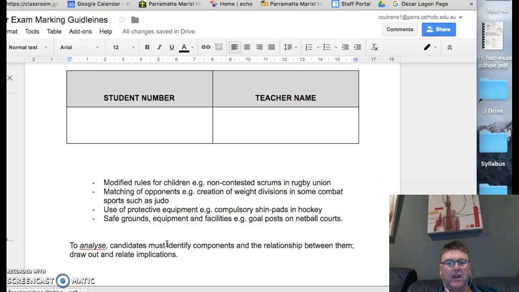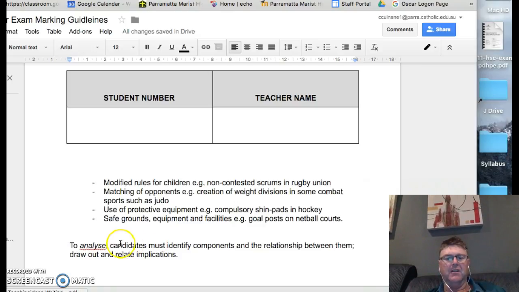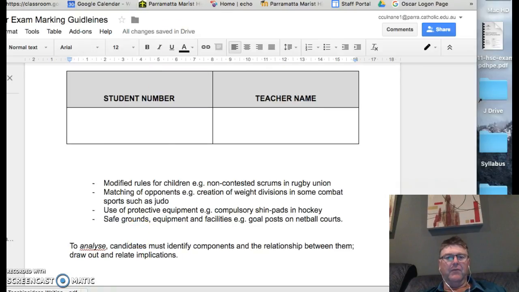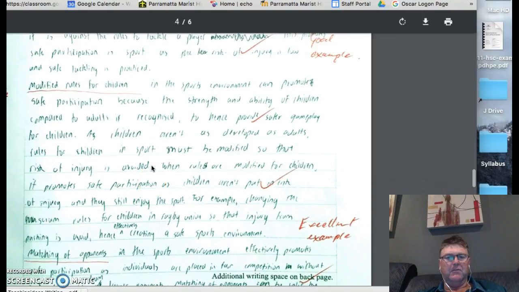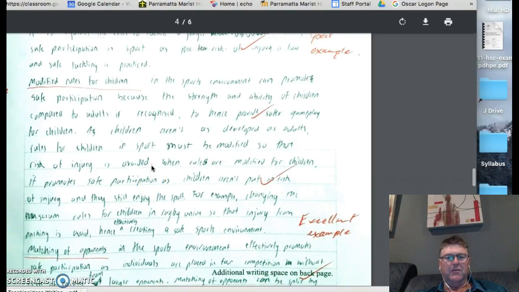Use of safe grounds, equipment and facilities, again talking about the sports environment and how that sports environment can be made safe for the participants in that particular sport. If we have a look at this response, which I'm not going to show you in full, this response has gone through each of those areas clearly.